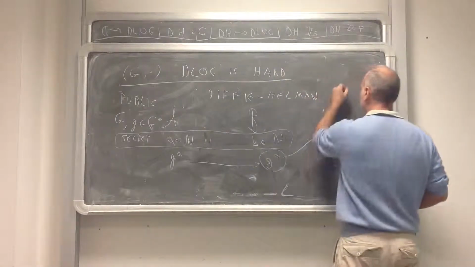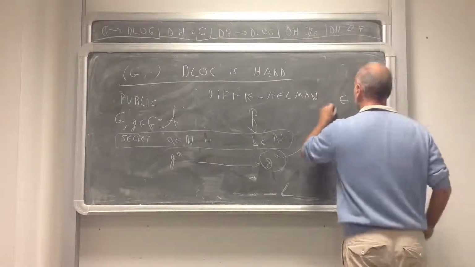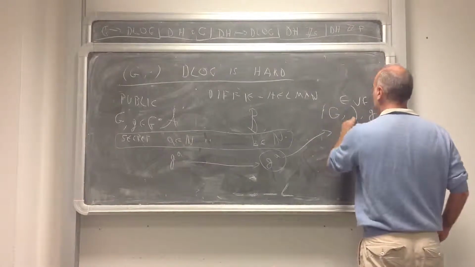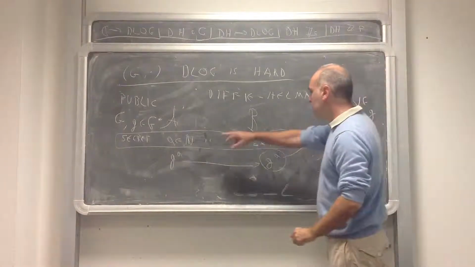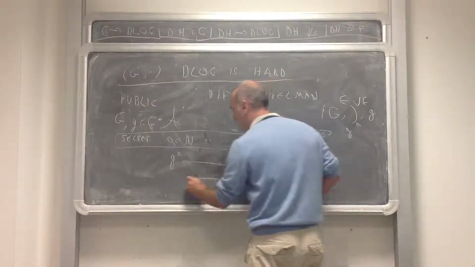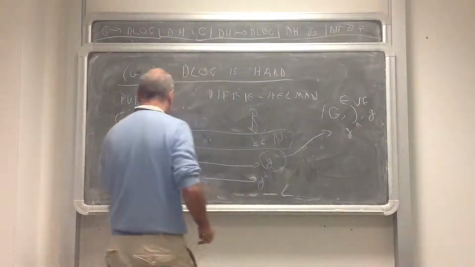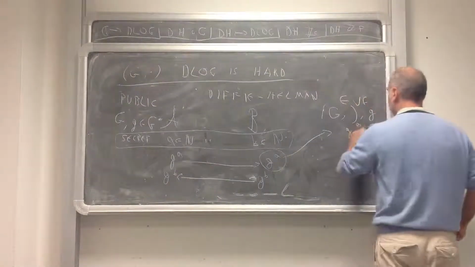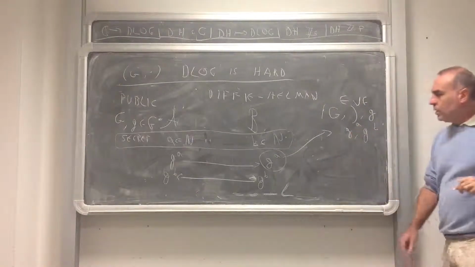So Eve can see the group, can see G, and can see G to the A. Now Bob does the same, computes G to the B, and sends to Alice G to the B. And also Eve can get G to the B. And now the trick.